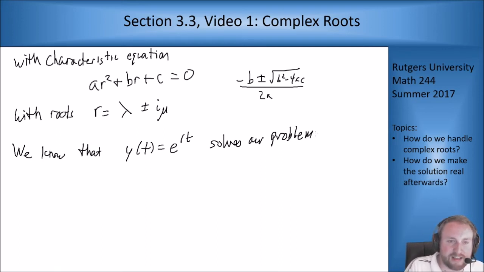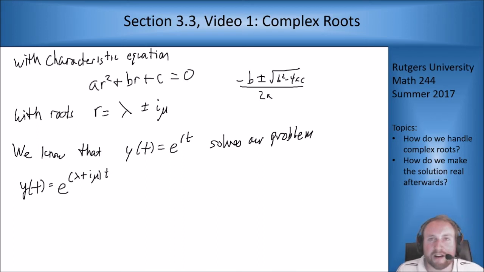So if r is lambda plus i mu, let's start writing things out. y of t is e to the lambda plus i mu, times t. Here I'm taking the plus root. If you take the minus root, you get a similar equation with a minus sign in the middle instead of a plus sign. In the end, we'll see it doesn't matter, so you may as well just take the plus one because it works out just fine either way.